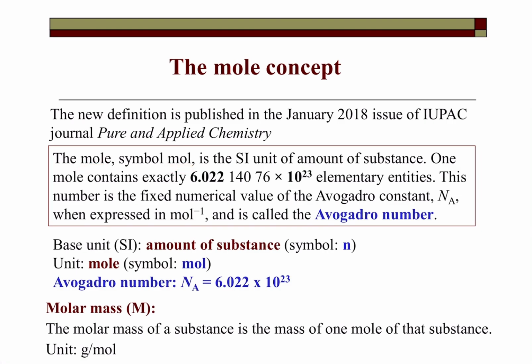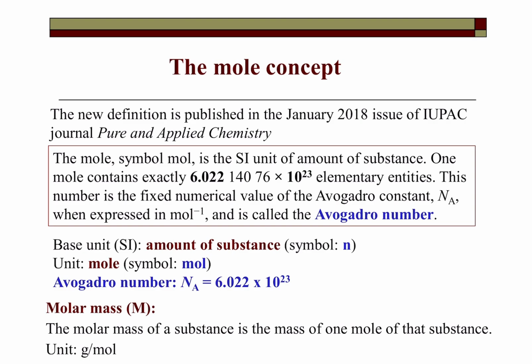In the SI unit, 1 mole of a substance contains almost 6.022 times 10 power 23 elementary entities. This number is the fixed numerical value of the Avogadro constant, and when expressed in mole power minus 1, or 1 over mole, it is called the Avogadro number.